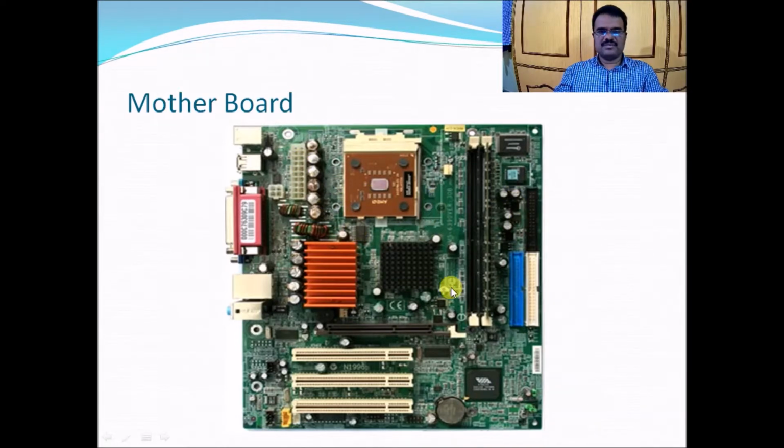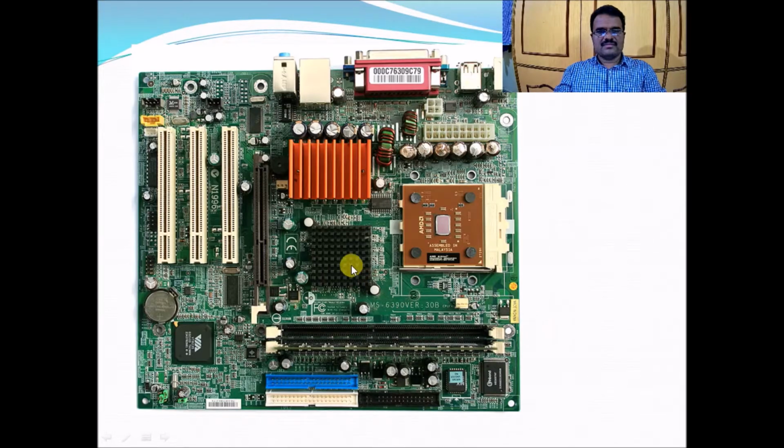This is a typical motherboard, and this is another typical motherboard where we have a clear look. This is the CPU and here are the RAM slots. These are the IDE connectors, south bridge and north bridge, and CMOS battery. These are the PCI slots, AGP slot, and I/O ports. So this is a typical motherboard.